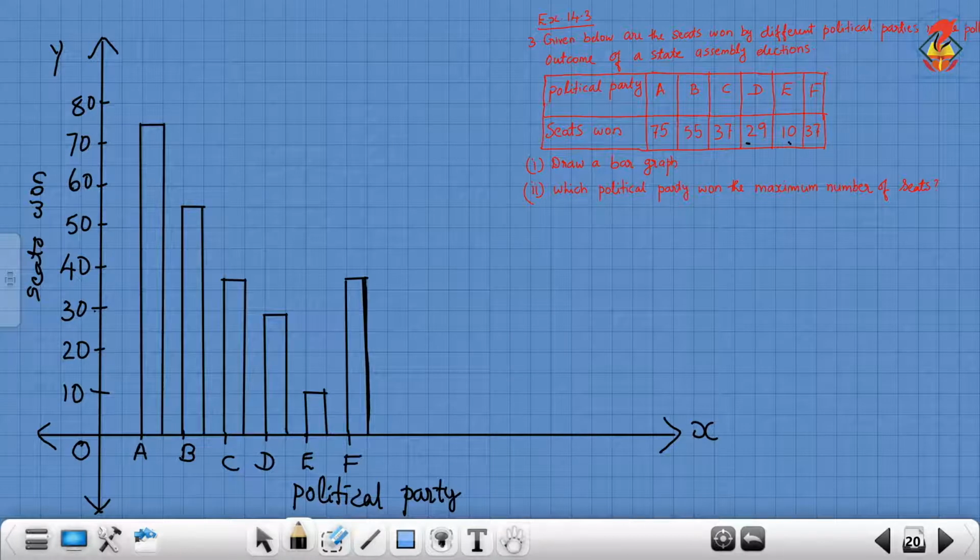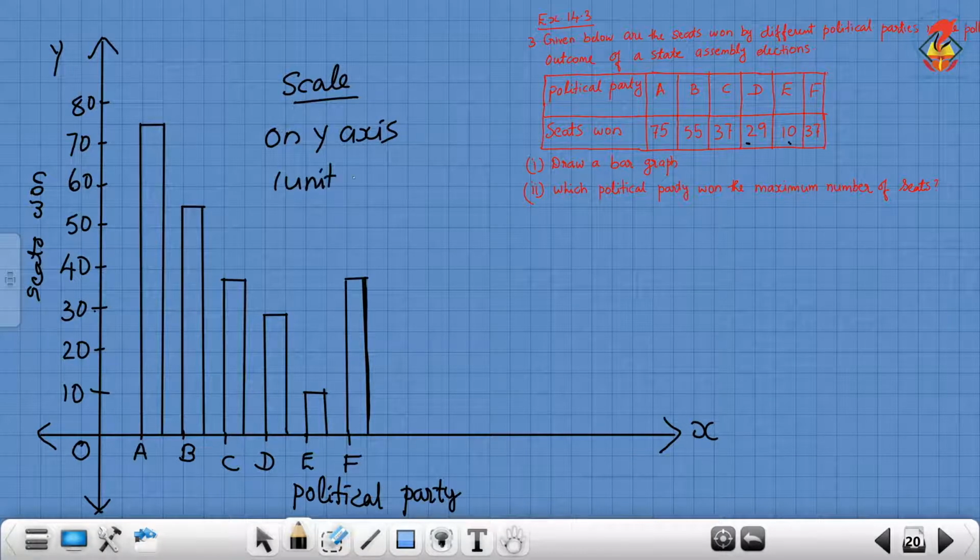We need to write the scale. You can shade it. Next you write the scale on the y-axis: 1 unit equal to 10 seats.